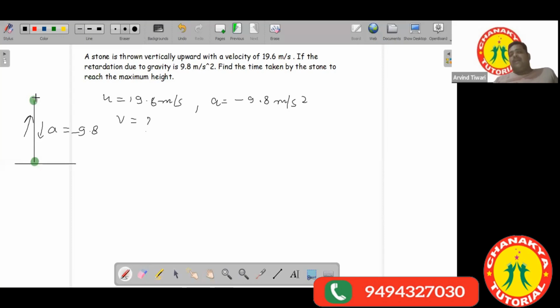After that, it will not go up. From there, it will start falling downward. So at this point, its instantaneous velocity is 0. We take its final velocity at this point to be 0. And now we want to find out the time. Use the formula of acceleration and find out the time.